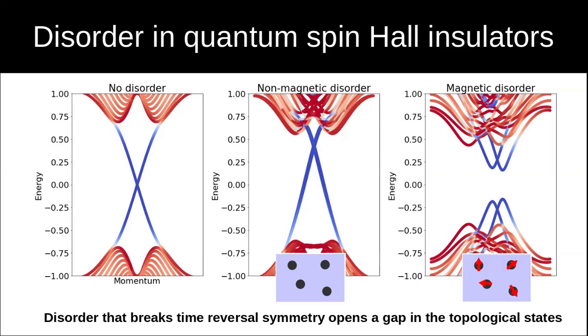So your band structure got modified, but you still have gapless edge states. But if you now add disorder that breaks time reversal symmetry, then your edge states open up a gap and you no longer have gapless helical modes. So quantum spin Hall insulators are resilient to disorder that does not break time reversal symmetry, but they are actually not resilient to disorder that breaks time reversal symmetry.